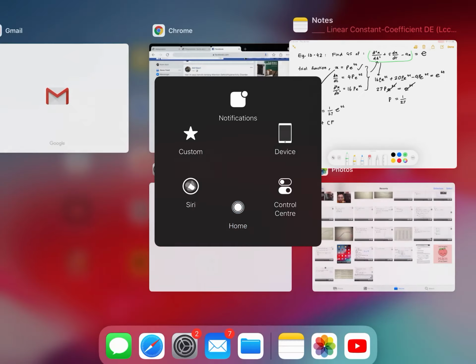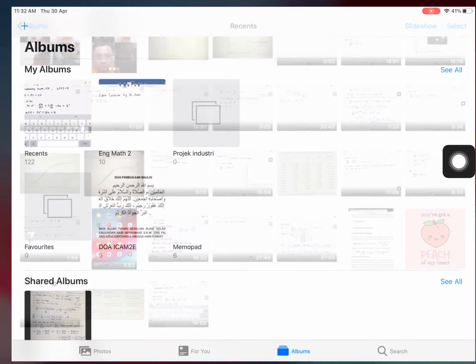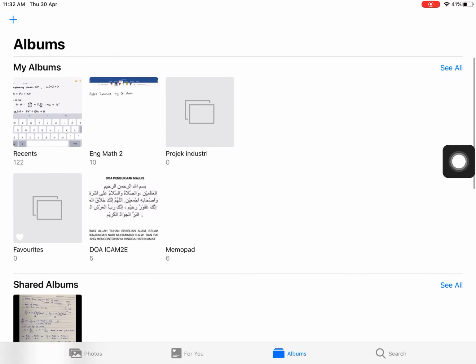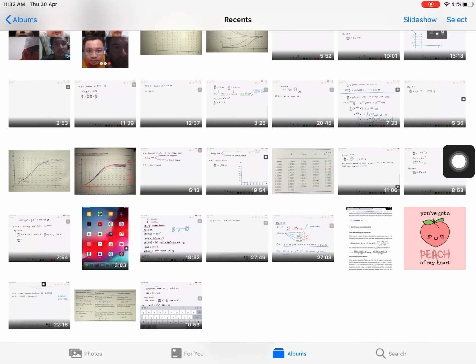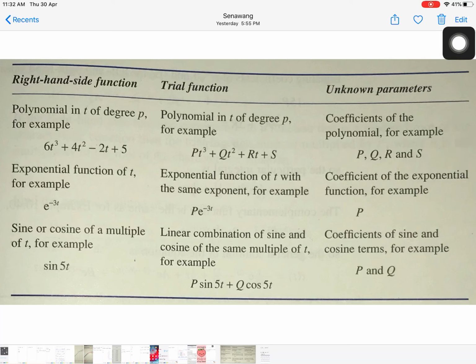Before we finish, I want to show you something. This is the formula, table 10.19.